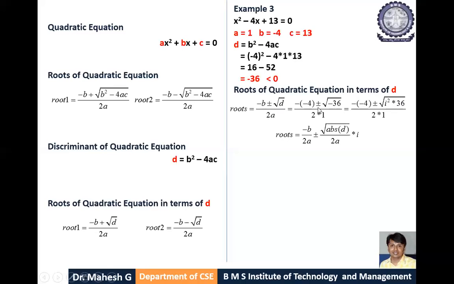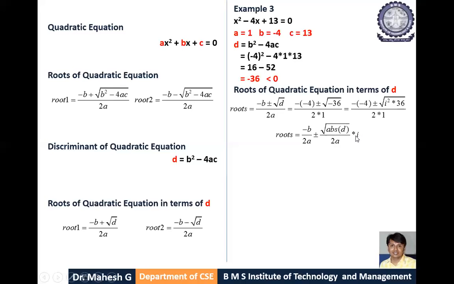If we generalize this expression, we can write this as roots is equal to minus b divided by 2a, separately, plus or minus square root of absolute value of d, which is nothing but the positive value of d, divided by 2a into i.